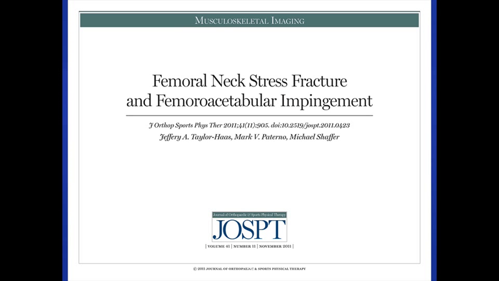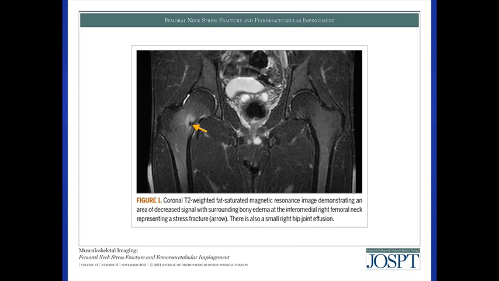Here's another example of a femoral neck stress fracture and femoroacetabular impingement. I don't think we've spoken about femoroacetabular impingement yet, but you can see again increased signal intensity on this MRI T2 image, a bony edema at the inferomedial right femoral neck.